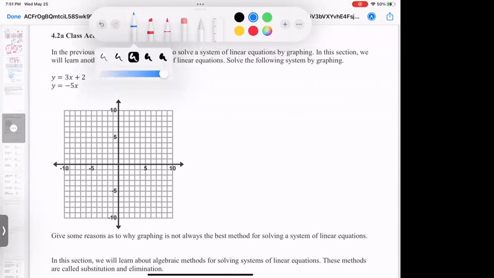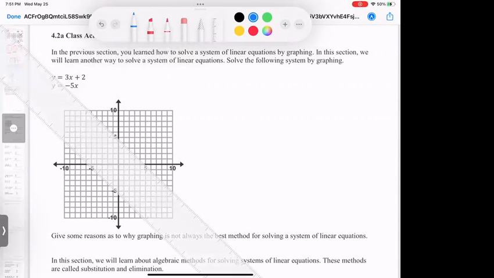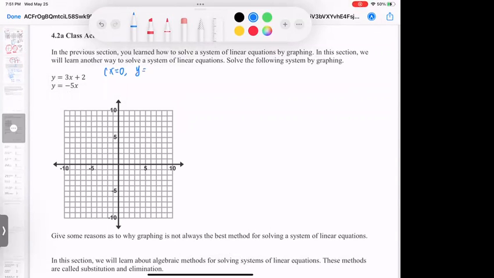So first, when you graph it, when X equals 0, Y has to equal 2. When Y equals 0, X is negative 2 over 3. I hate it. I don't like this one.